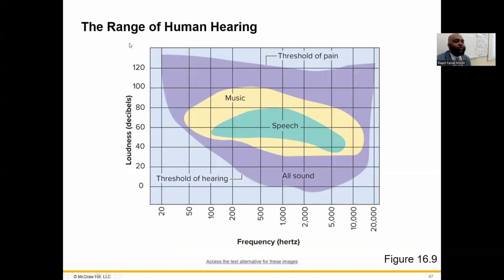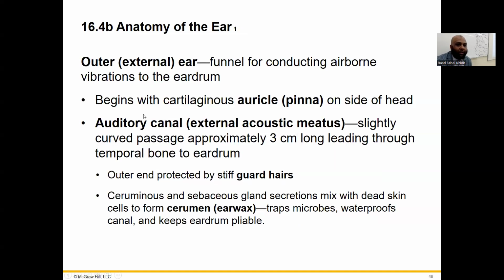This figure here shows us the range of human hearing. How do we interpret the sound based on the frequency and the loudness? If we want to understand how the ear operates in the reception of sound, this diagram is always going to keep repeating. Reception of sound, projection of input sensory afferent sound waves.